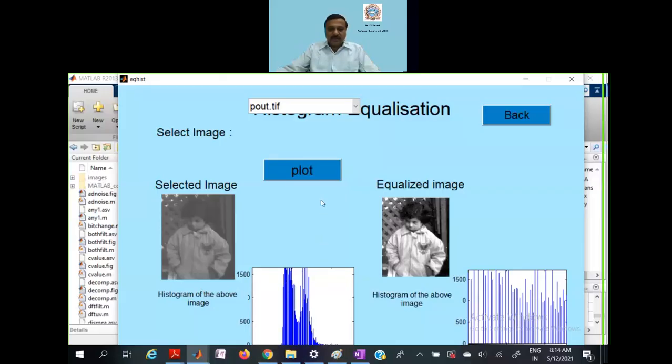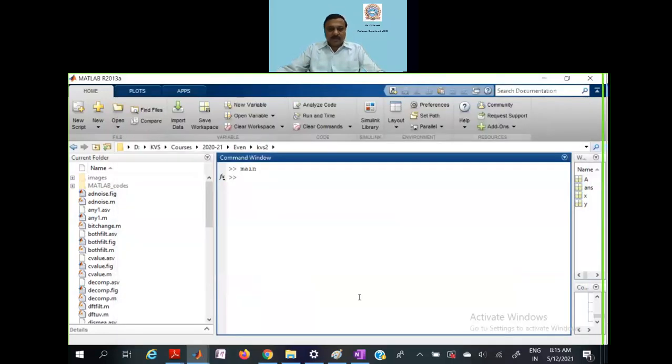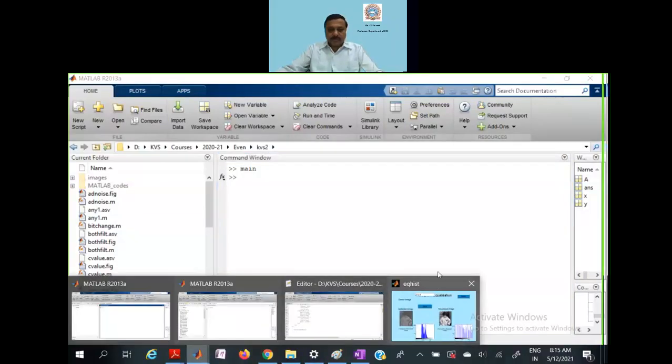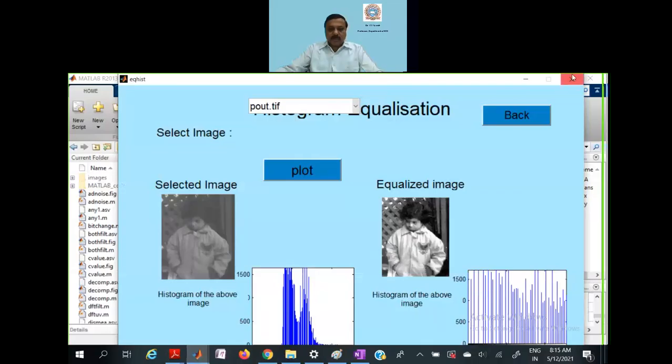You can carefully observe that in this particular image, you don't have the first few gray level values. Probably from 0 to almost 100 I don't have any gray level here.